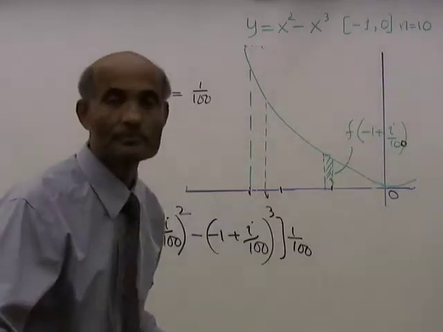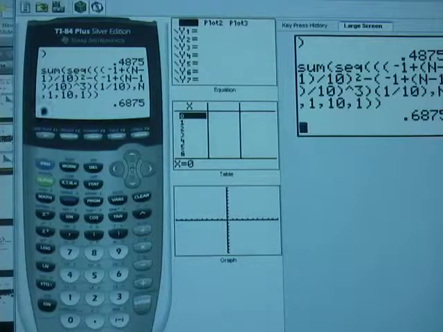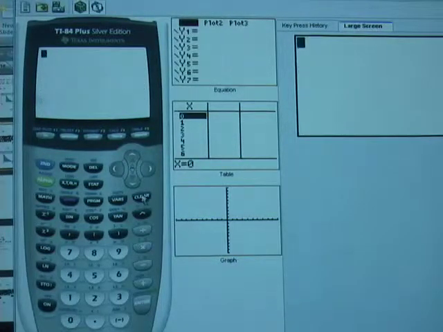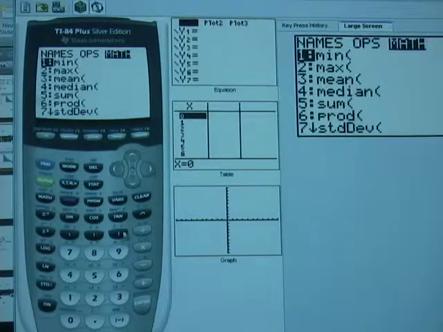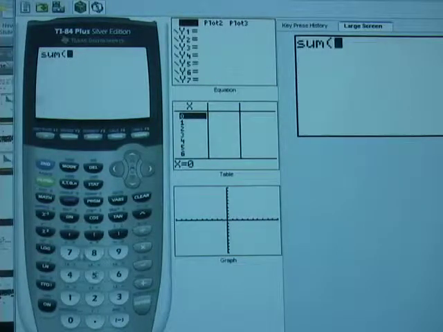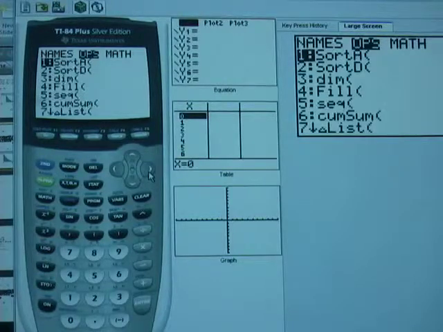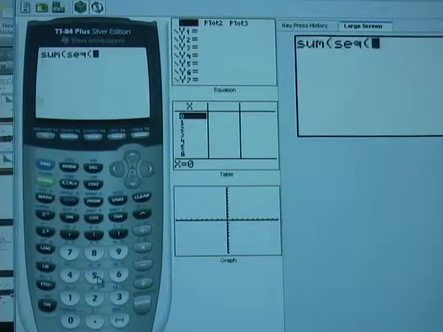Alright, let's do the sum using n equal to 100. Let's clear this first and start again. Second start, arrows twice, choose sum. Second start, right arrow once, choose sequence, and you've got to start with 2 parentheses. And what's our function?